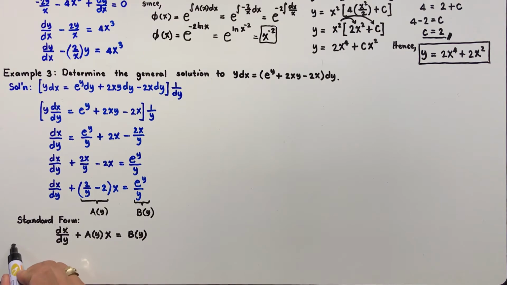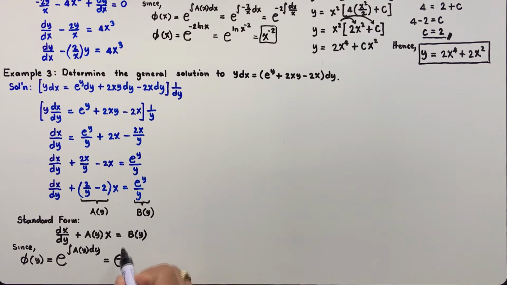So we can now find our integrating factor phi of y. According to our formula, this is e raised to the exponent of the integral of a of y dy. And since we know our a of y, we have e to the power of the integral of a of y, which is 2 over y minus 2 dy.